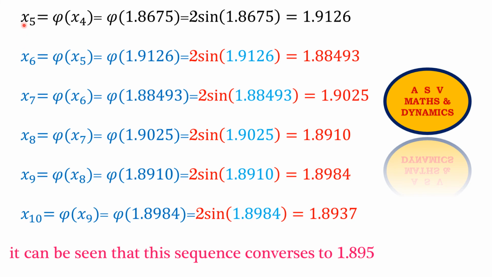So here, how many iterations? At x power 10, I am getting 1.89. I almost reached 1.89, but we need 3 decimals, so we continue the same process. It converges to 1.895. This is the final root for this function.